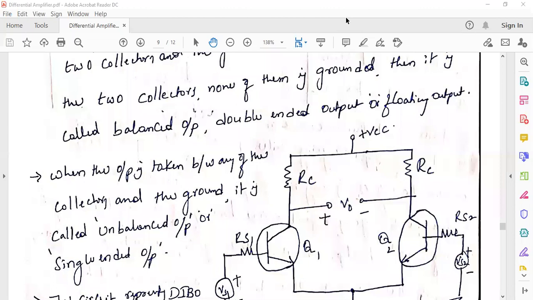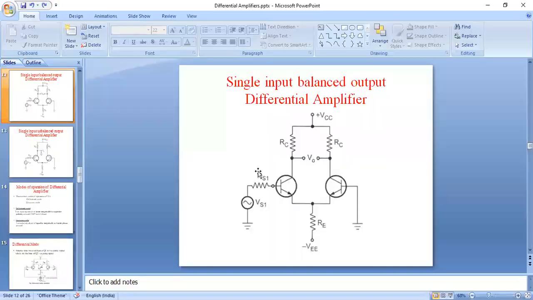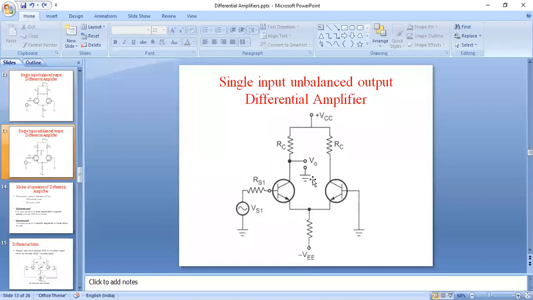If you observe this PPT, this one is called unbalanced output. See the heading, it says unbalanced output. Here I am measuring the output between the collector of Q1 with respect to ground. That's why it is called unbalanced output.